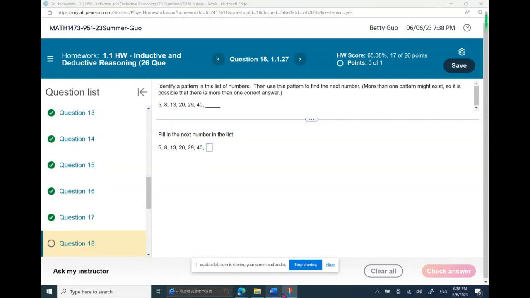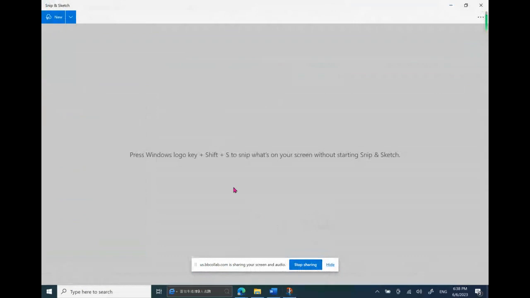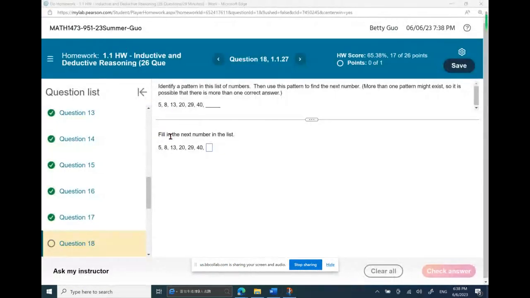It just doesn't let me snip. Let me see if I can just copy paste this way.